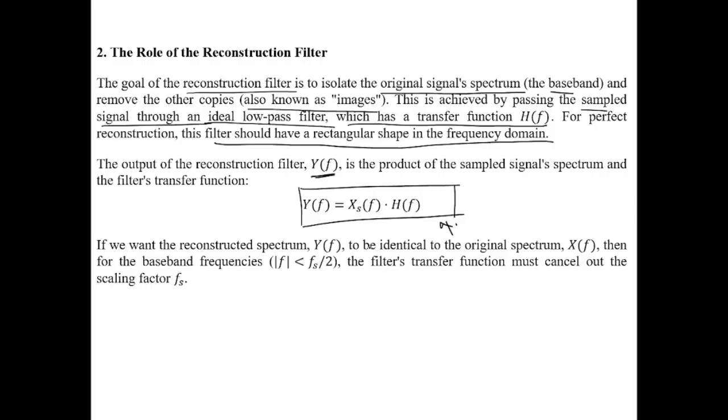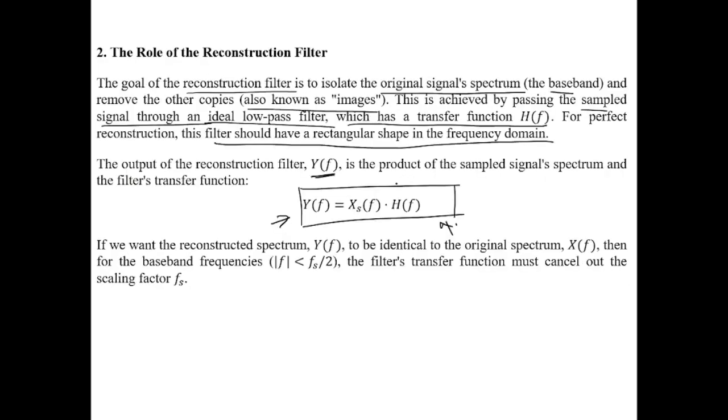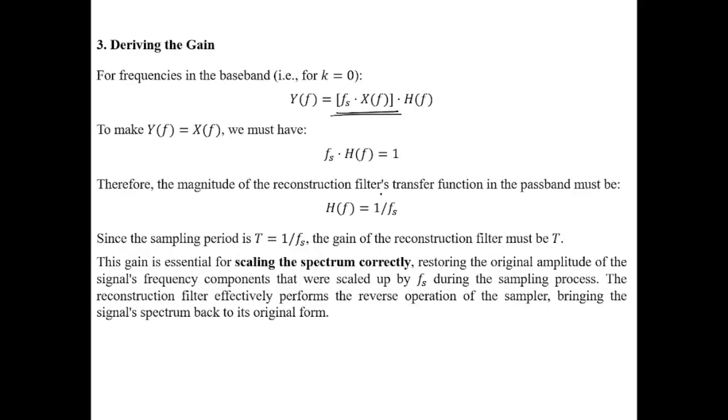If you look over here, our equation becomes something like this. We have this X_s(f), which is represented with the sampling frequency multiplied by the original frequency of the analog signal component after anti-aliasing.